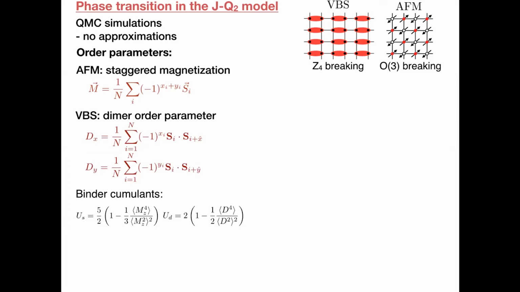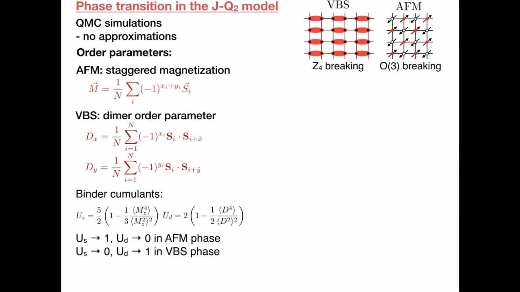What we do numerically, this is sort of a standard thing in Monte Carlo simulations, you can define these ratios of different powers of the order parameters to get something dimensionless. Then just by choosing factors, you can easily see what the value of this will be if you have an ordered state with that kind of order, and what it will be if you don't have any such order.